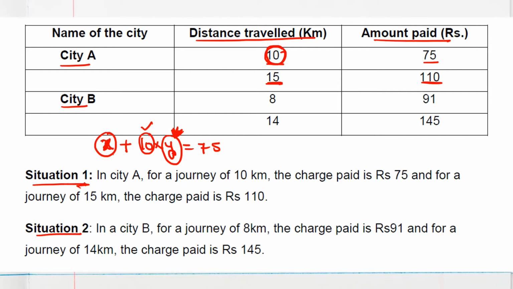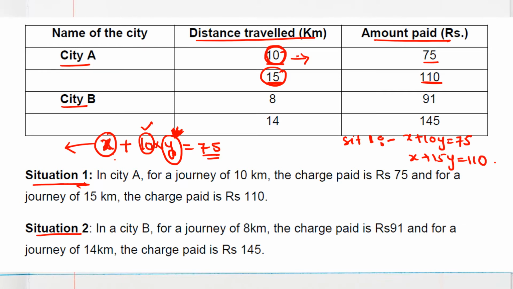So the total amount will be the fixed charge the person has to pay, along with the charges for the subsequent distance. So the first equation we get from situation 1 is x plus 10y equals 75. This is situation A or situation 1. The second equation we will get is x plus 15y equals 110.